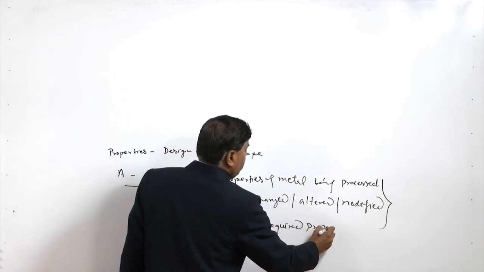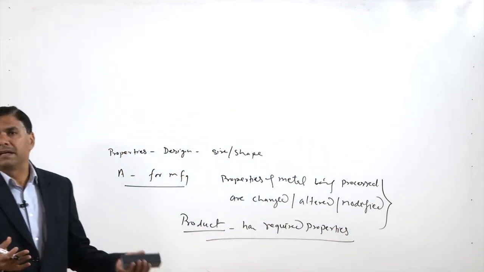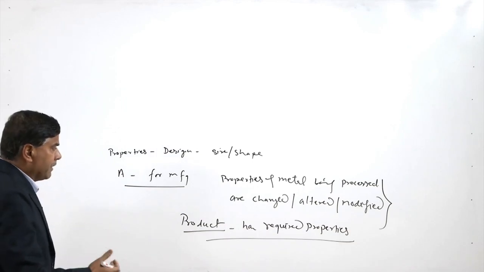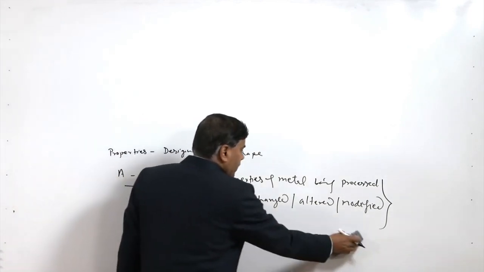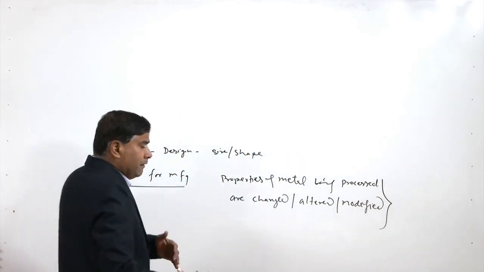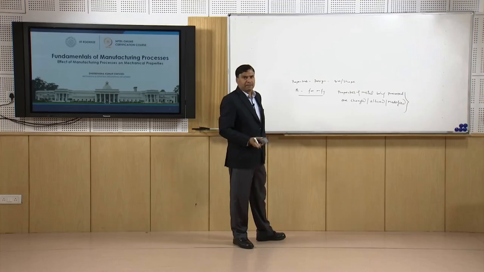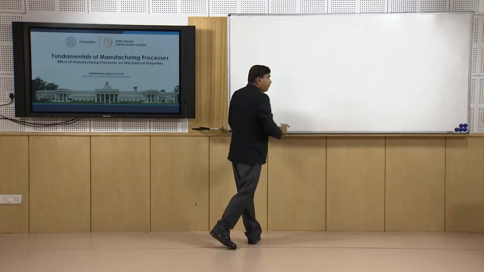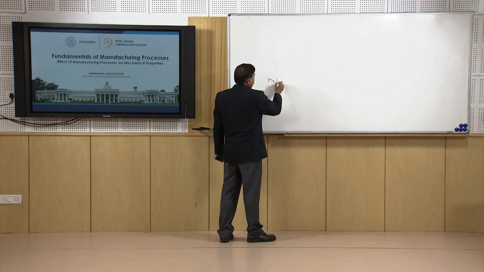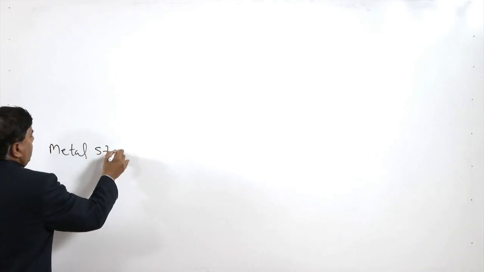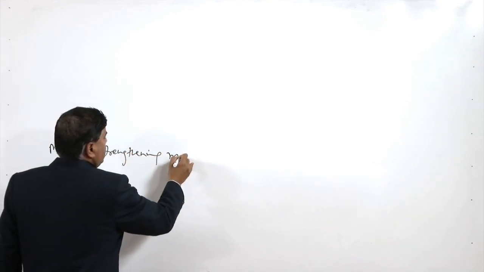So, we need to keep in mind the way by which the properties of the material, especially the mechanical properties, will be affected or altered by the manufacturing processes. To look into this aspect, we will be going through the fundamental mechanisms that affect the mechanical properties of the material, the metal strengthening mechanisms.